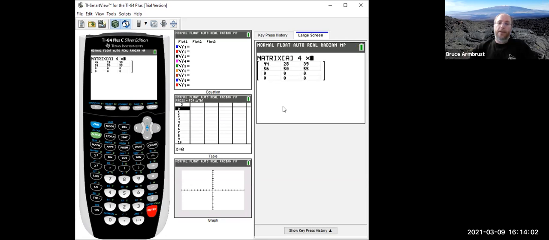I'll hit enter so that it moves me over. Notice that the matrix just changed, so there are 4 rows. And then we needed 2 columns because there was 1 column for enlisted and the other for officer. Okay, so I'll hit enter. And so notice that this matrix now is the right size. It's got 4 rows, 2 columns, and now I can put in my information.